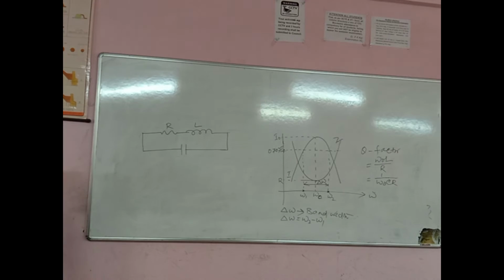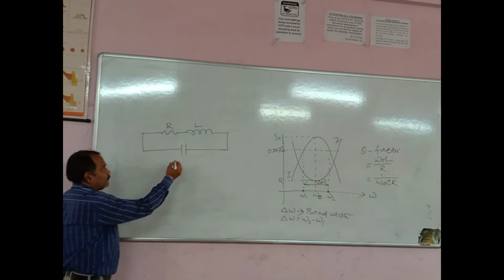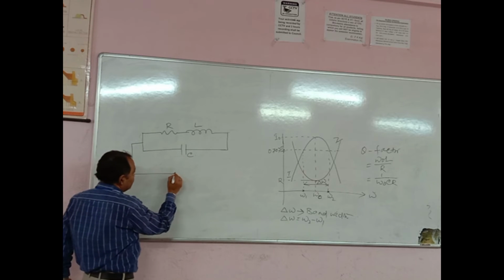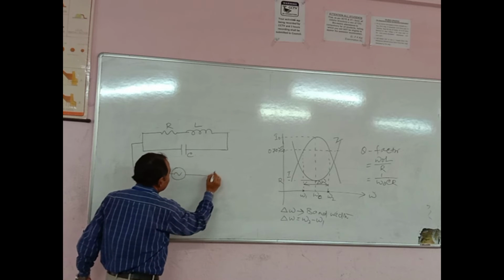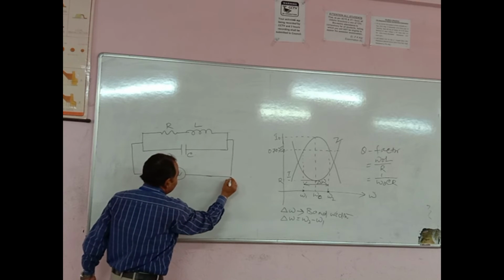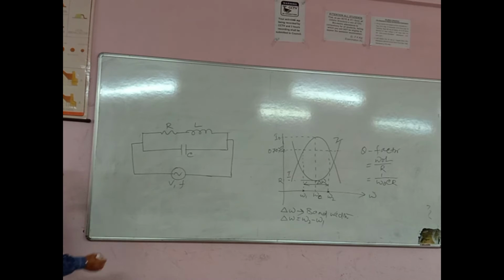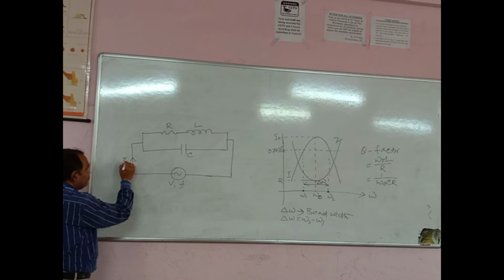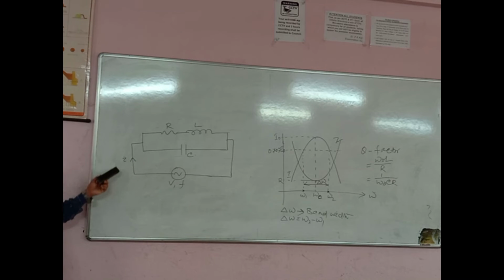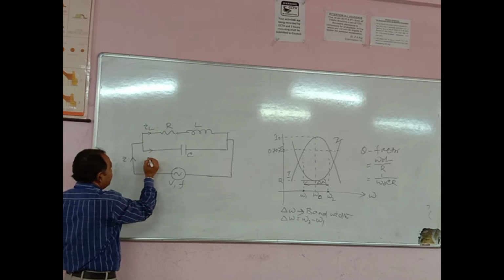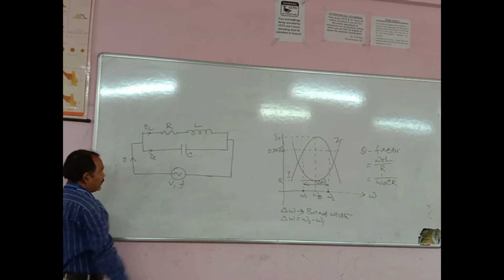So this is a parallel RLC circuit. This circuit is supplied with an AC source having voltage V and frequency F. Then a current I will flow through this, and this current will get divided into two parts. One is the inductive current IL, and here it is IC.